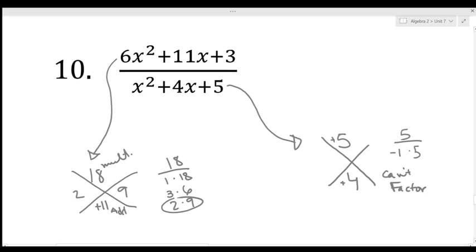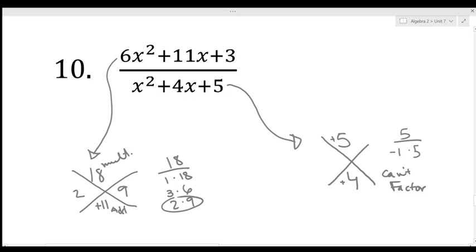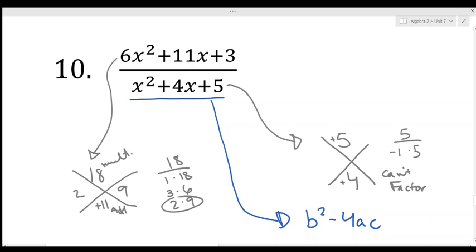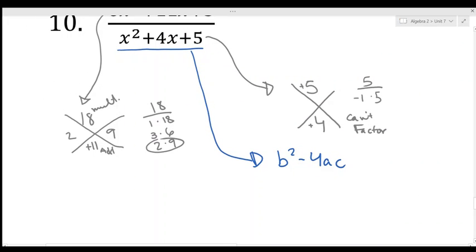Okay, now we're going to check if there are going to be any points of discontinuity. We're going to check using our discriminant function. Okay, and again, that's from number 9, so we're going to check using b squared minus 4ac. If you get a negative number, that means you're only going to have imaginary solutions. So we're going to check, and we don't want imaginary solutions.